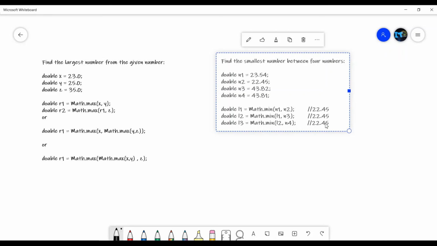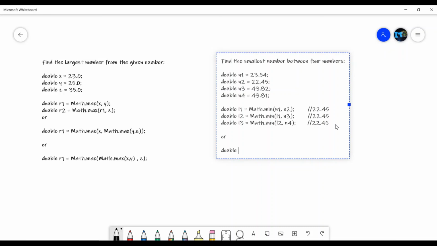Similarly, we do it using the nested one. So how to do that? First, double L1 is equal to Math.min of, first you have to check with your n1 and n2. So let's take n1 comma, then again I am using Math.min, what, have to check with your n2 and n3.